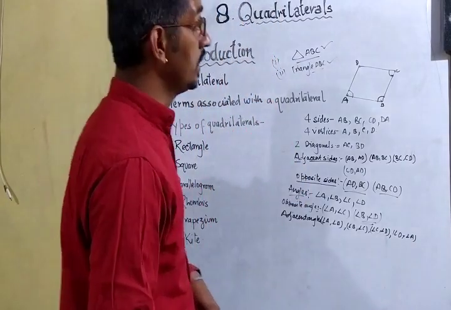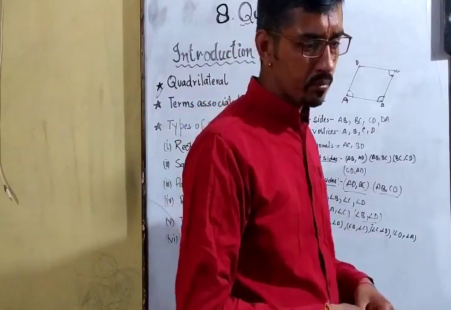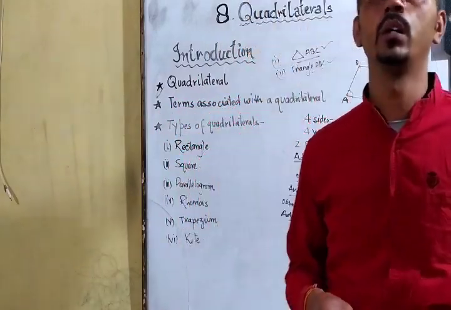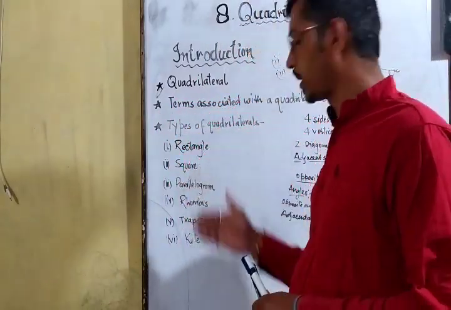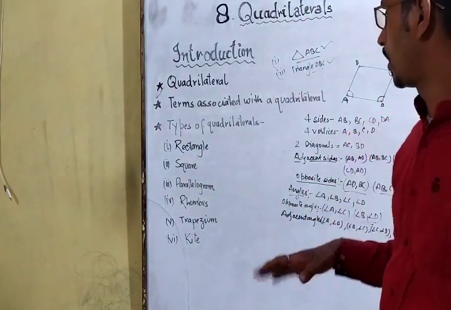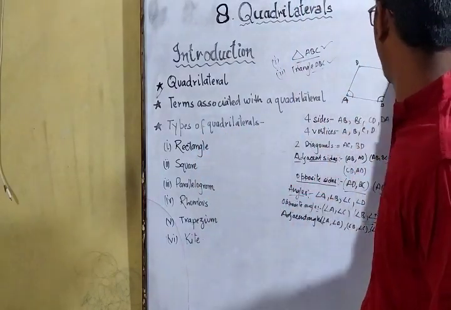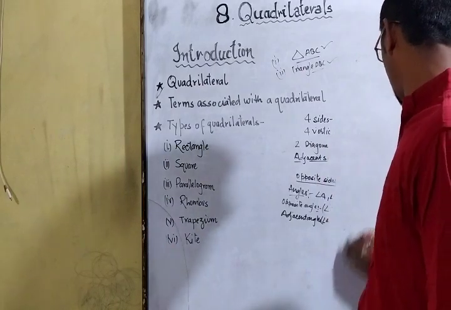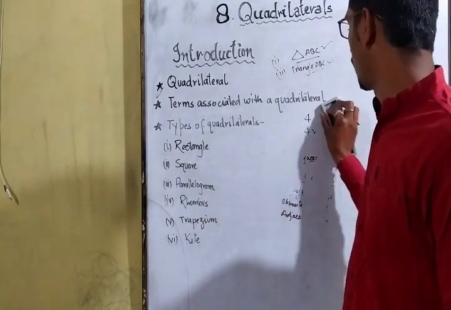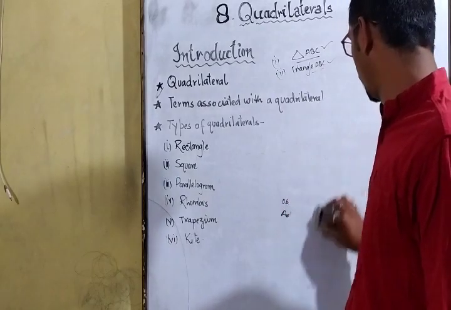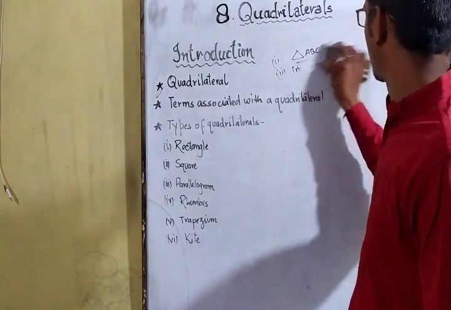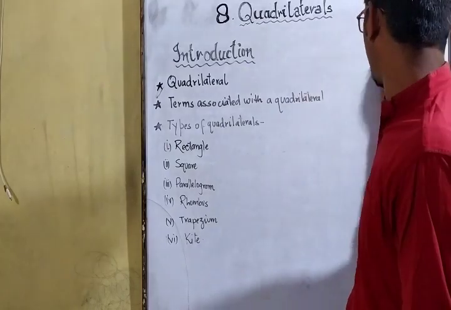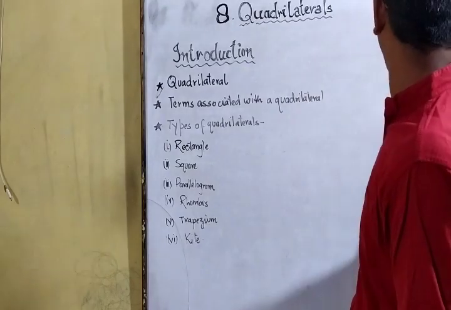Now move on to the next section, in which we have to learn about the types of quadrilateral. Very, very important, because we have to deal with these types of quadrilaterals in the exercise. So we should know what are the different types of quadrilaterals.